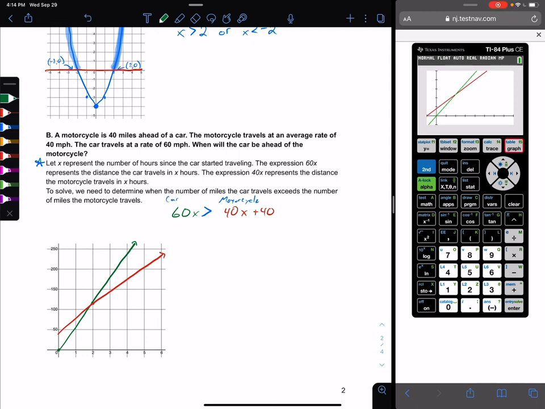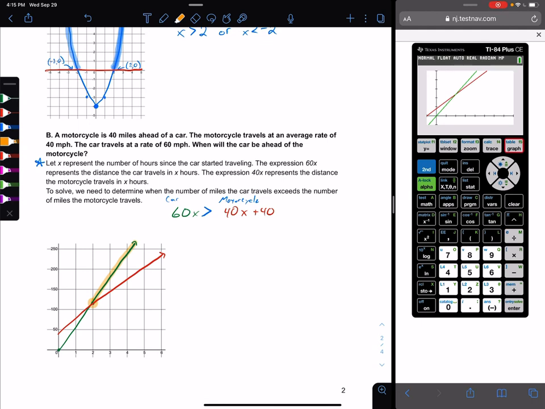We're not worried about the graph per se here. We're worried about how to interpret the graph and what we're trying to do with these actual numbers. This point here where they intersect is my key point. Right? I'm trying to find out when will the car be ahead of the motorcycle, and the car is the green line. So we're looking for when is the green line above the red line. All right, that means it's greater, right?